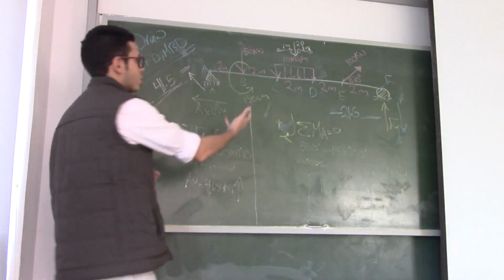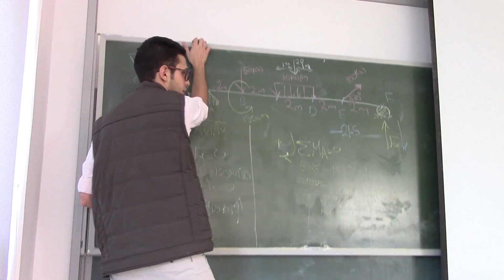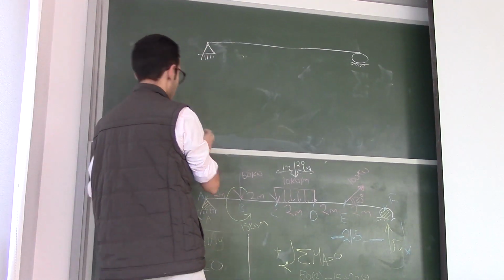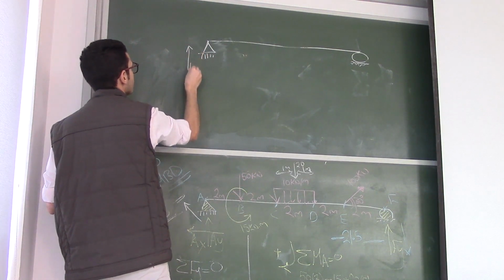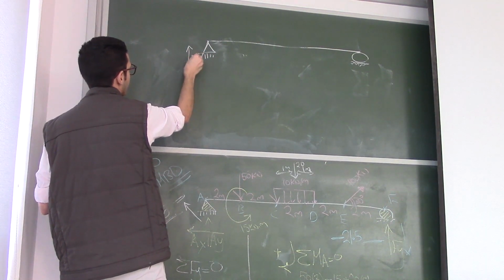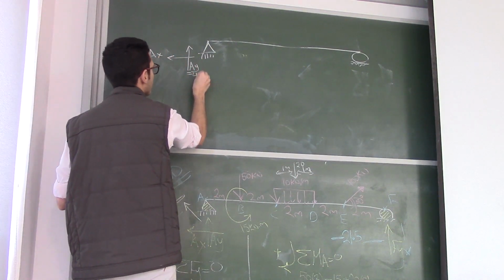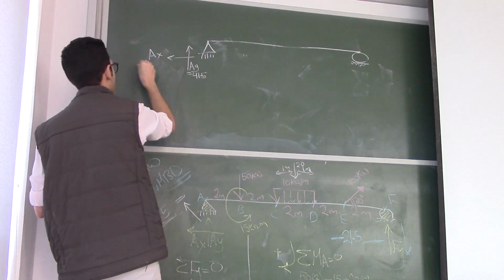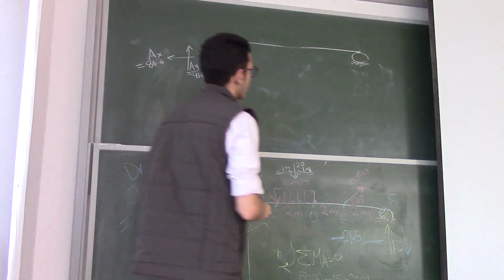Okay, so we found the reactions. Now we will start drawing, but not on this board. On this board, I think it's better. So here we have AY, and we got AX. AY was 41.5. AX was 86.6, in this direction.